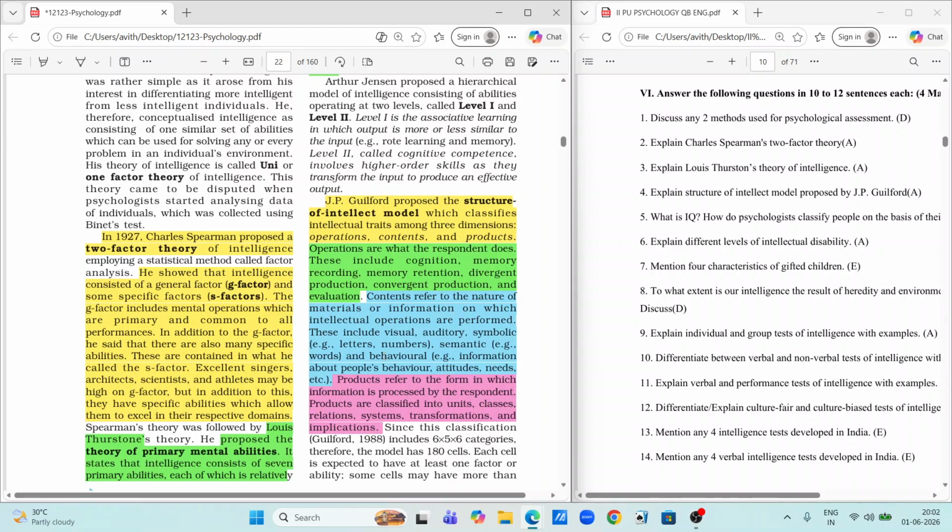These include visual, auditory, symbolic, which means letters, numbers, semantic, example words, and behavioral, example information about people's behavior, attitude, needs, etc. Third dimension is products, which refers to the form in which information is processed by the respondent. Products are classified into units, classes, relations, systems, transformations, and implications. So that's the answer for your fourth question.